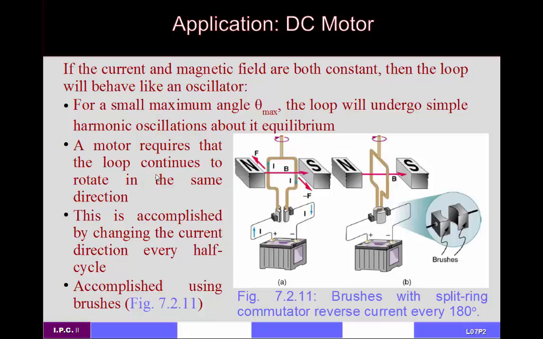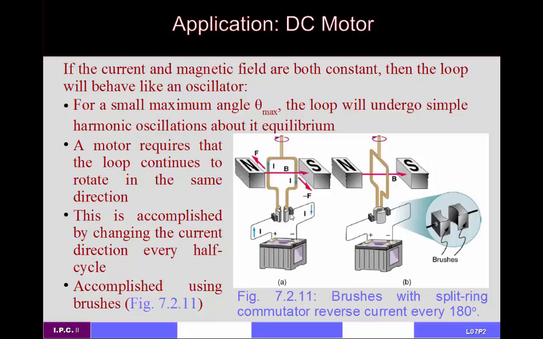With that said, the motor is going to require that the loop continues to rotate in the same direction. So the ideal motor would have this loop moving in a constant, uniform direction. And the way to do that is you've got to change the current direction every half cycle.